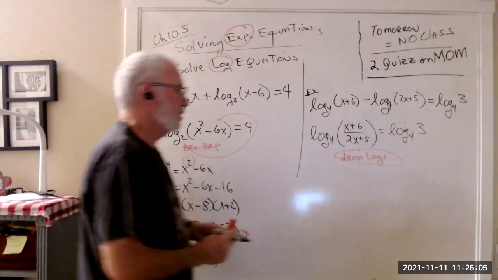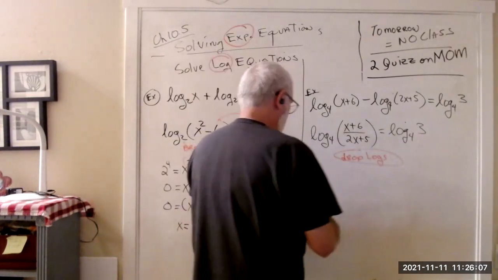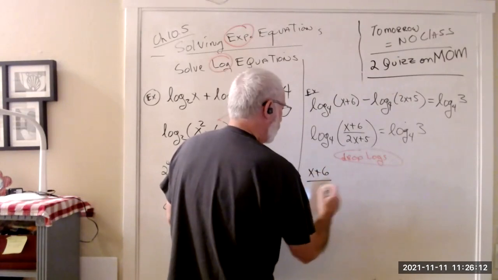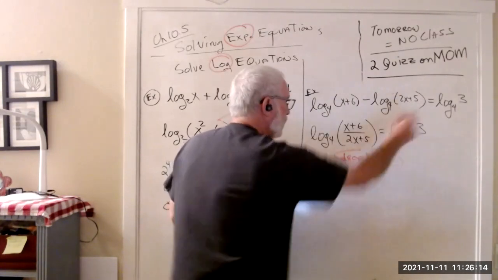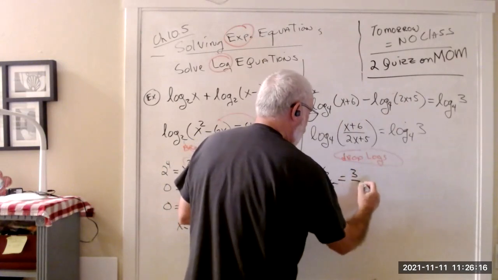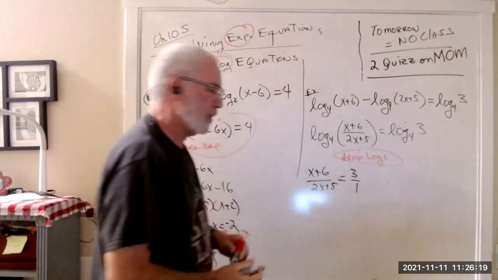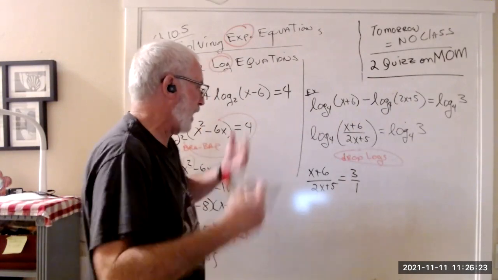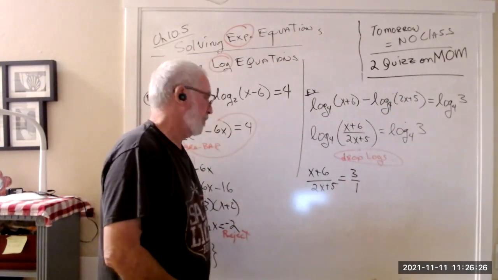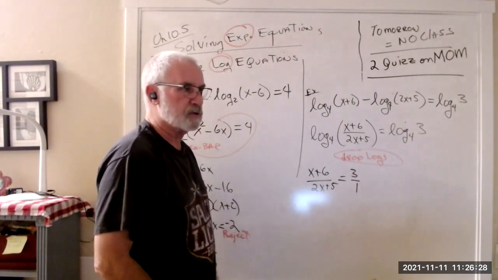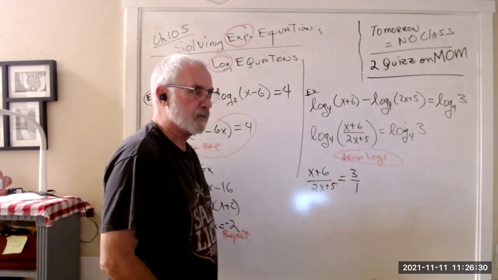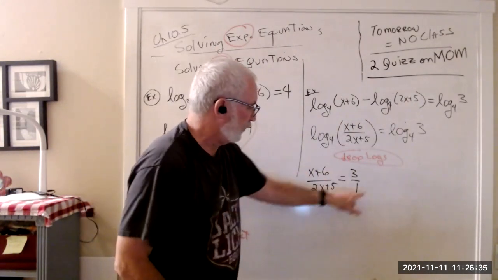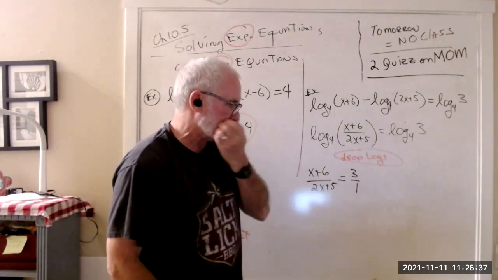Okay. All right. So anyway, we'll drop the logs. So we have x plus 6 over 2x plus 5 equals, I'm going to cheat a 1 under the 3. It equals 3, but remember, I've got this passion for proportions, so I always cheat 1 underneath so I can cross multiply. On the last test, we also had proportions, and some people really screwed up on these.